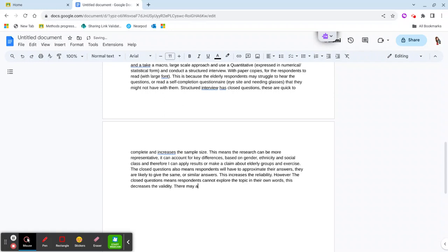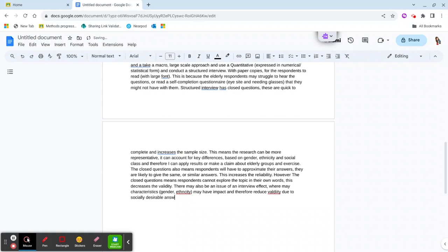There may also be an issue of an interviewer effect, where my characteristics, so my gender or ethnicity, may have an impact and therefore reduce validity due to socially desirable answers.